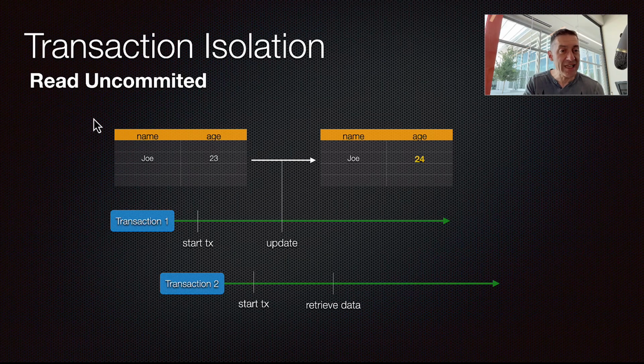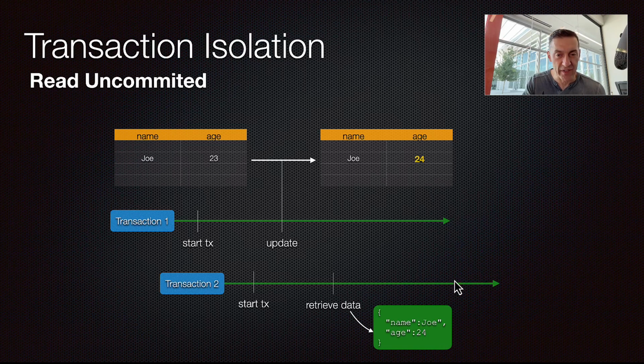With read uncommitted, whenever we read data of that very modified object, you will actually get the modified version of it, even though these changes are not committed. Then transaction 1 commits, and then transaction 2 commits, and if everything goes well, transaction 2 got the modified version while that object was not committed yet.